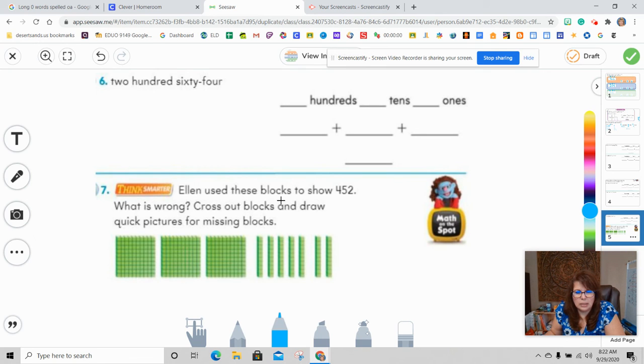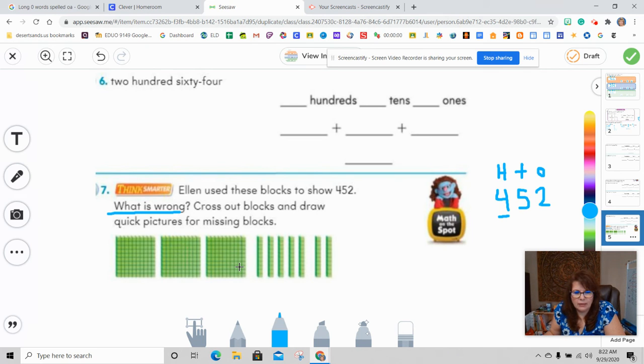Ellen used these blocks to show 452. What's wrong? So they want us to find out what's wrong. So let's write the number 452 again. 452. So I'm going to put HTO. And by putting HTO, I already know how many hundreds I'm supposed to have. So I'm supposed to have 4 hundreds.